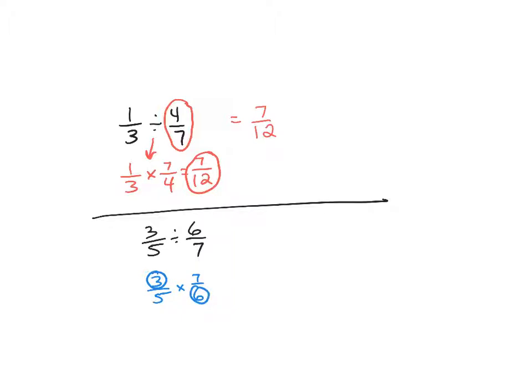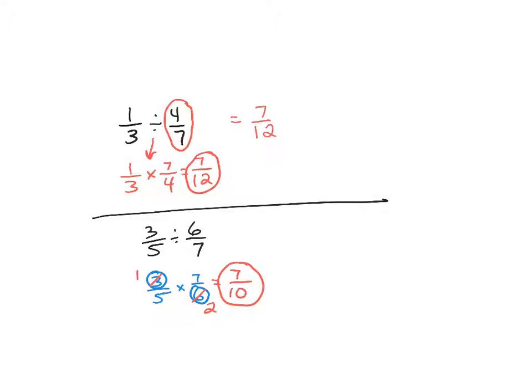So I'm going to divide both of those by 3. 3 divided by 3 gives me 1. 6 divided by 3 gives me 2. Now I can go across and multiply. 1 times 7 is 7. 5 times 2 is 10, so the final answer to that is 7/10.